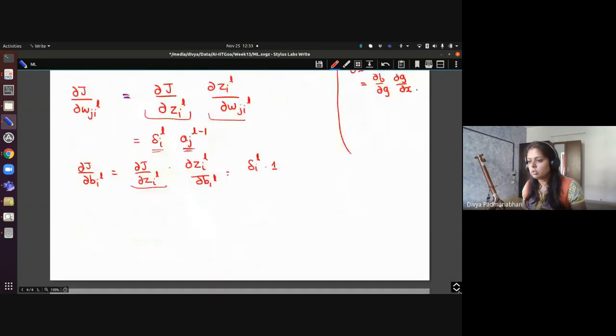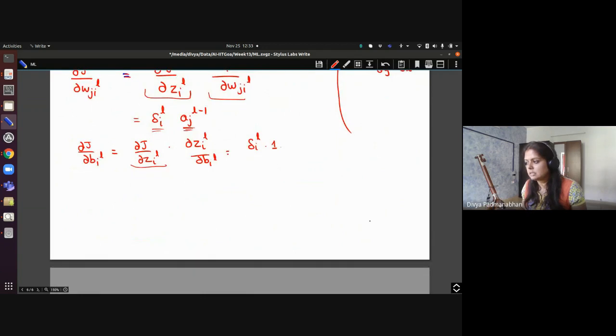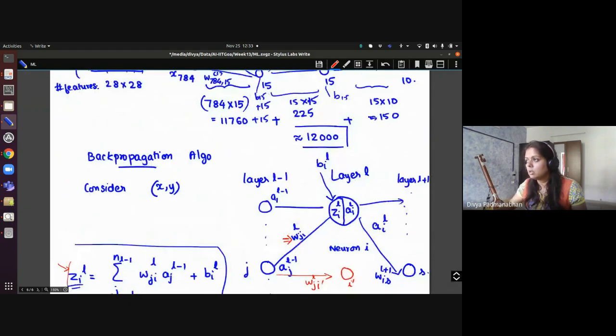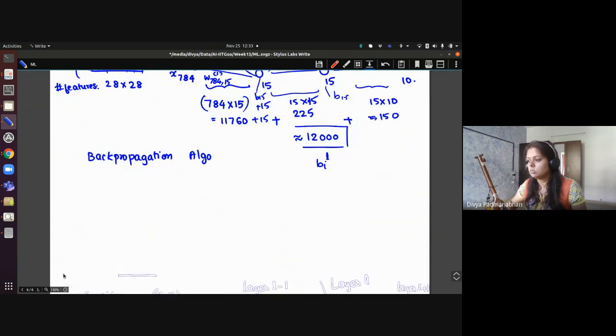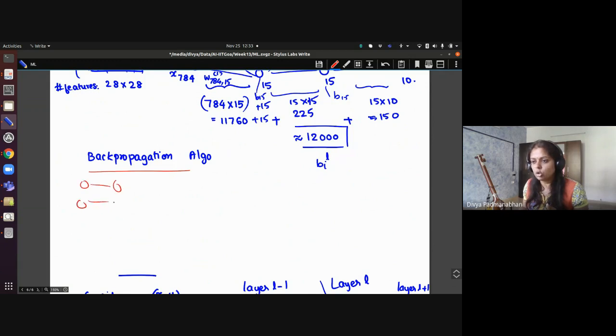Okay, so let me just maybe write this down. So what you will do is there'll be this entire network, right? There's a whole lot of connections, all this going on. And so this is layer 0.